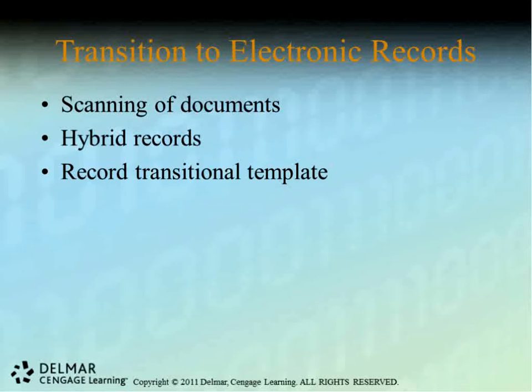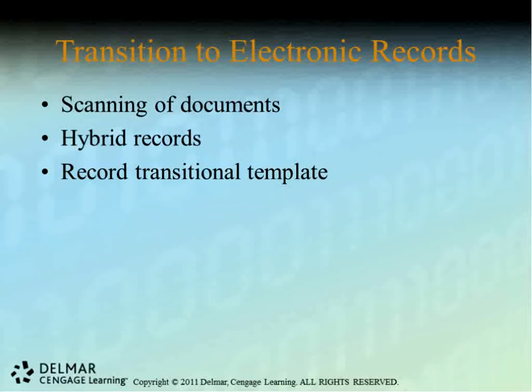Another thing that's interesting here, when you have what we call hybrid records, your facility needs some type of way to determine what documents are kept in an electronic format and what documents are kept in a paper format.